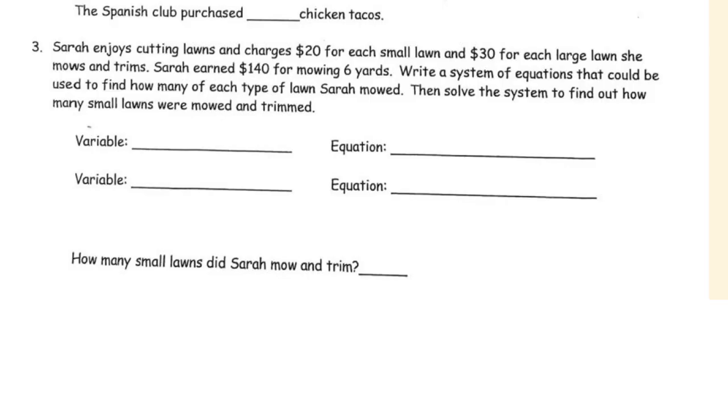Earned is a what kind of word? Is that an equals word? Yes. All right. So she earned $140. And we know we're adding. We won't always be adding, but when it says words like that, that means adding. $140 for 6 yards. So we have monies and we have yards.